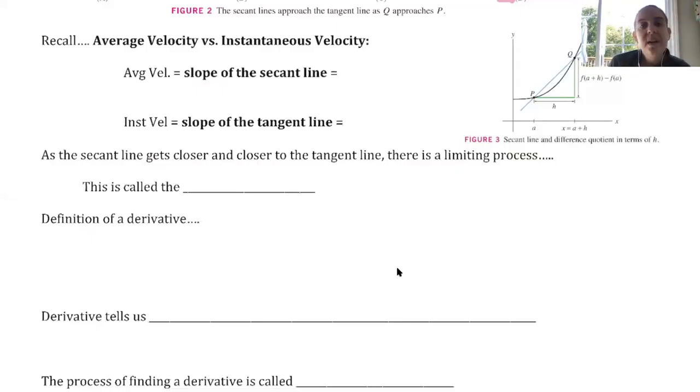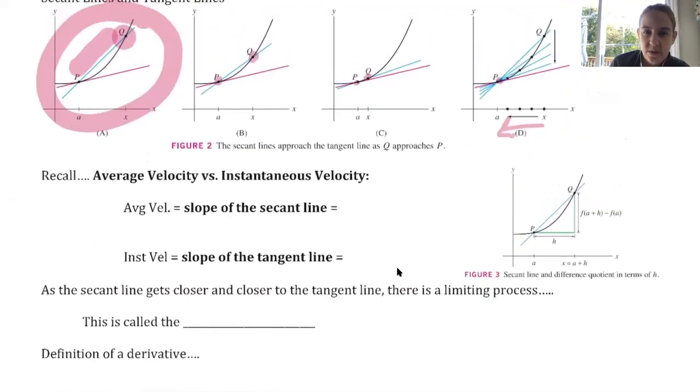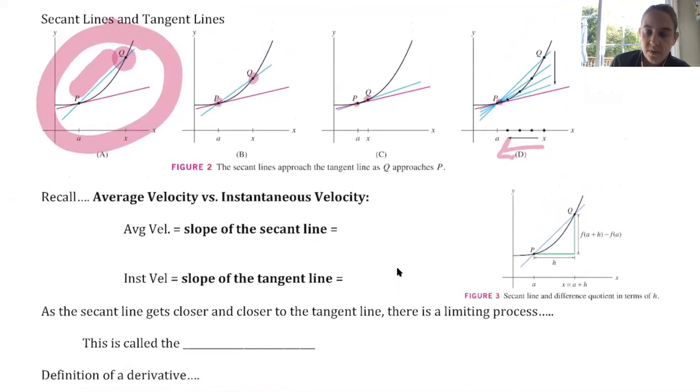All right, so what we need to do is look at average velocity and instantaneous velocity again. We discussed those with limits. So I want to keep these 2 pictures together here. We have the slope of the secant line. Now from Algebra 1, we know that the slope of the secant line is y2 minus y1 over x2 minus x1. That's how we taught it to you.